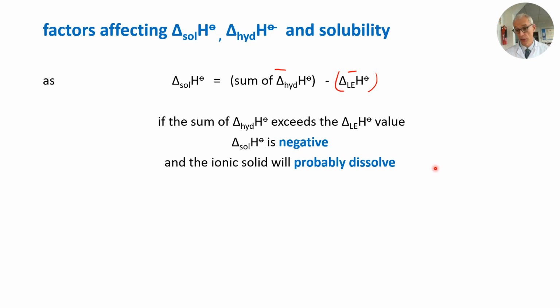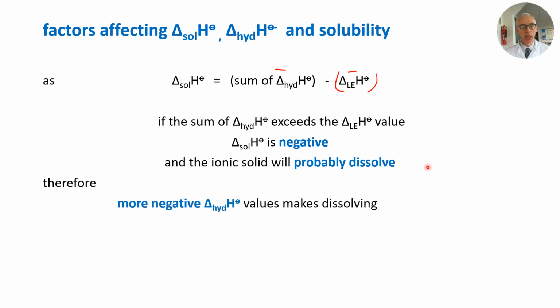We will see on the next topic that there is another factor to consider, but an interpretation of a negative enthalpy of solution is that the ionic solid will probably dissolve. So the more negative the enthalpy of hydration values, the more likely the compound is to dissolve. So if the sum of the enthalpies of hydration becomes more negative, then the solid is more likely to dissolve.